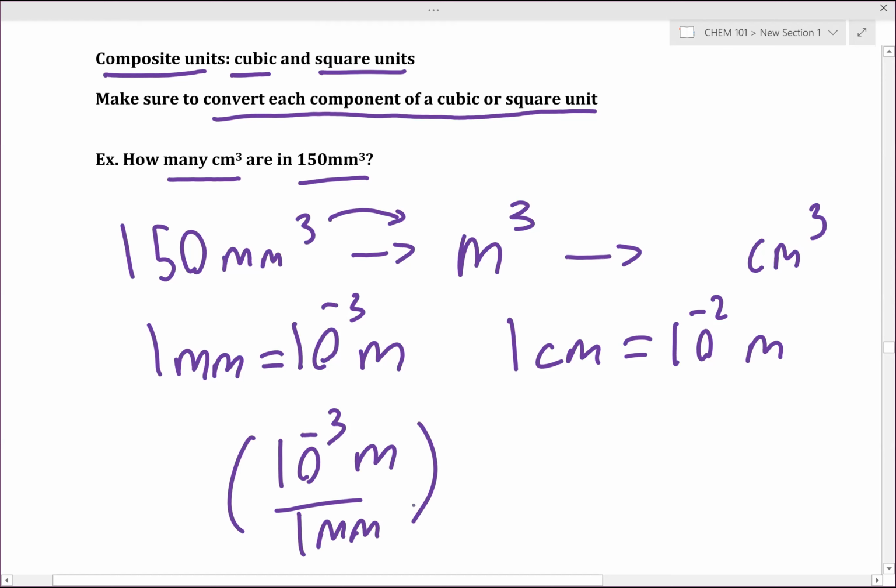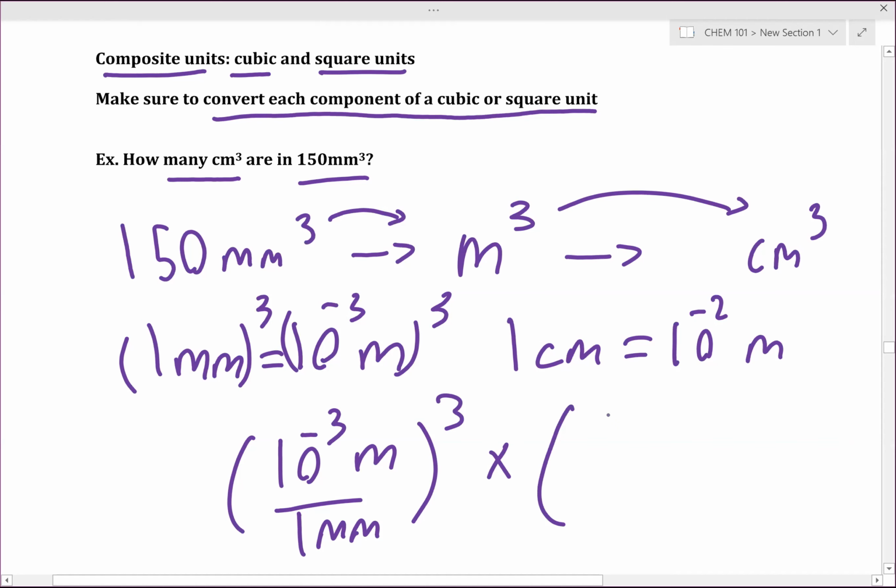Now, keeping in mind that this is millimeter cubed and meter cubed, the fastest way to complete this conversion is to just cube this ratio. And I'll show you how to do that with your calculator. Okay, let's do the same thing. We're going from meter cubed to centimeter cubed. So what goes on top? Centimeters, yep. So we have 1 centimeter over 10 to the -2 meter, and then we cube it.